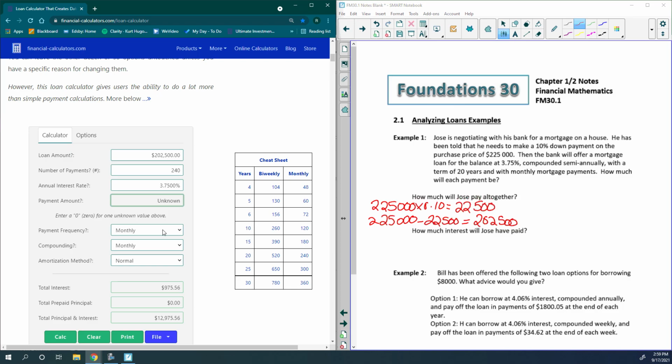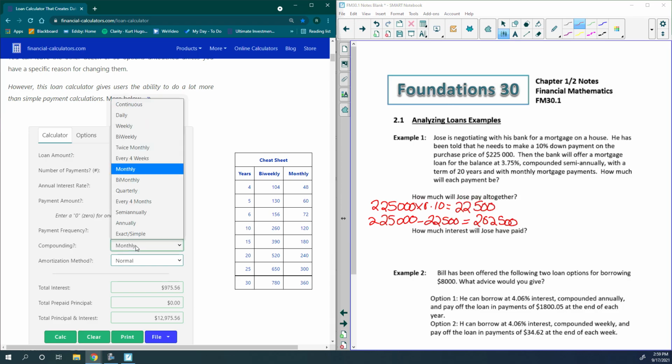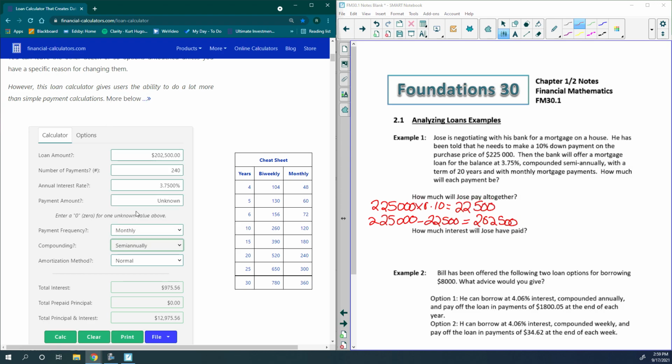So we're doing monthly payments and our compounding is semi-annual, so we need to do semi-annually here. So just a note, and this is going to be a little bit different than your investment calculator. I don't know if you picked up on it.